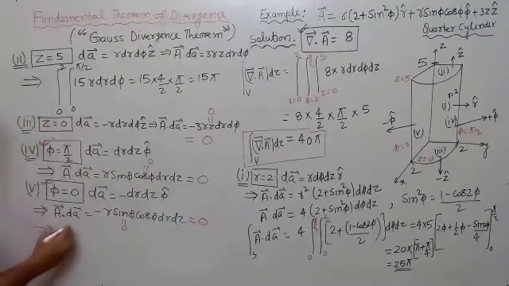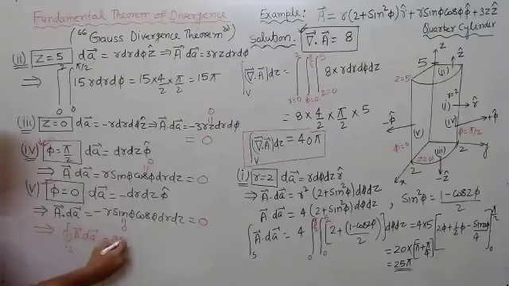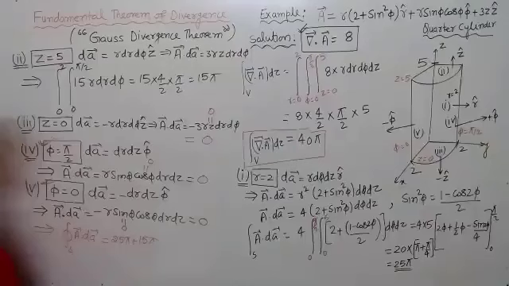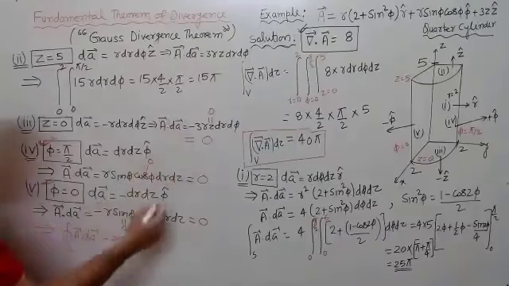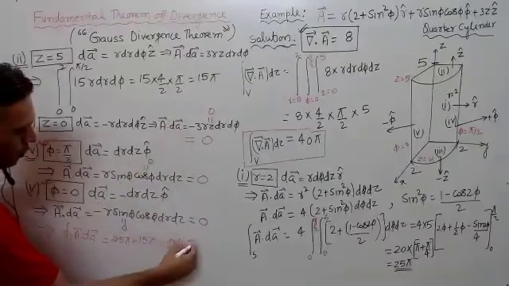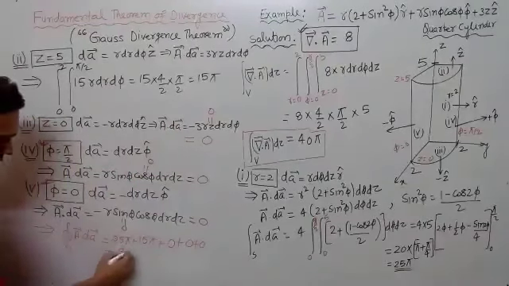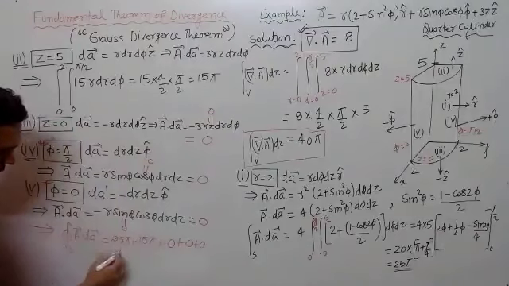So finally you can write closed surface integral A dot dA. Surface 1, 25 pi. Surface 2, 15 pi. Surface 3, 0. Surface 4, 0. Surface 5, 0. So this value is again 40 pi.